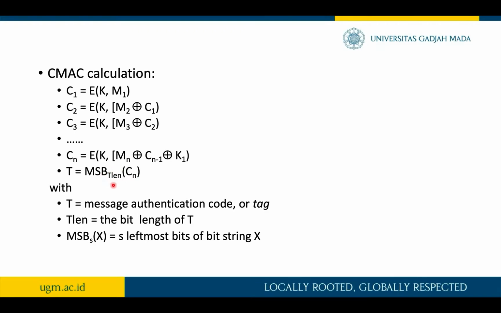So for example, if we want to use only 64 bits for the message authentication code, then we need to use the 64 leftmost bits, the most significant bits of the final message authentication code.